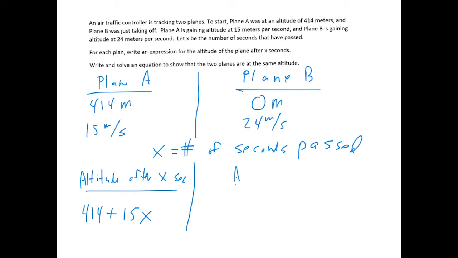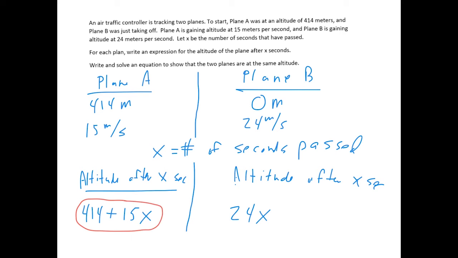And then the altitude after x seconds for plane B: they start out at 0 meters, so I don't write anything down, and they start increasing at 24 meters per second times x seconds. So here we have the two expressions for the altitudes of the two planes after x seconds. Plane A is going to be at an altitude of 414 plus 15x, and plane B will be at an altitude of 24x.